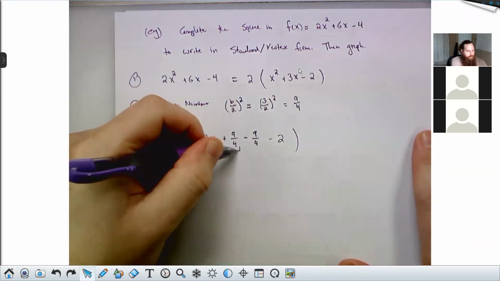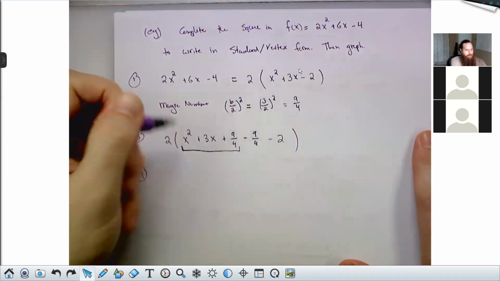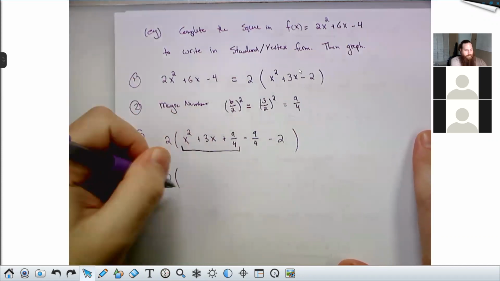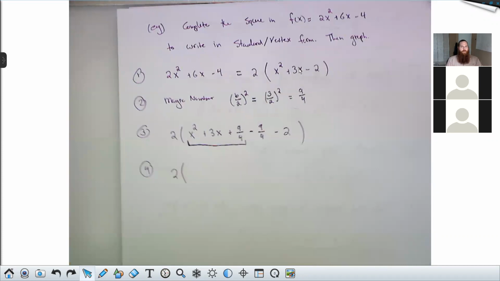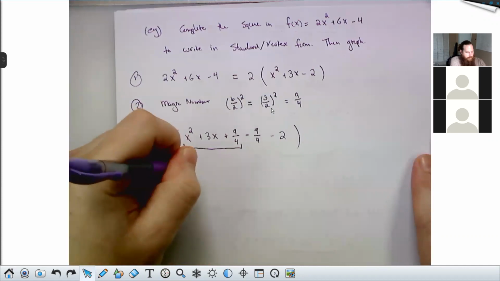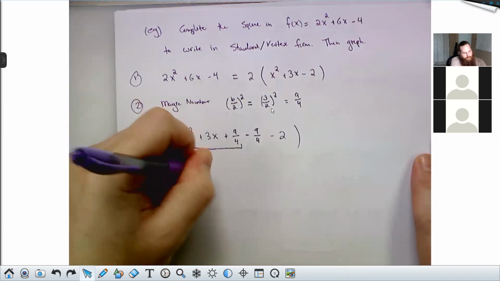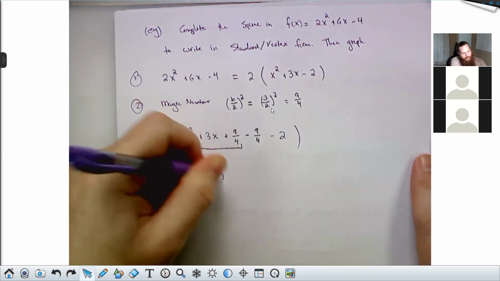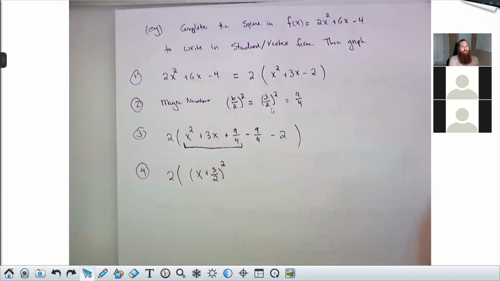Now I want to factor the first 3 terms as a perfect square. And the good news is it's always going to factor as x plus or minus this thing squared. So those first 3 terms factor as x plus 3/2 squared. You can check this.